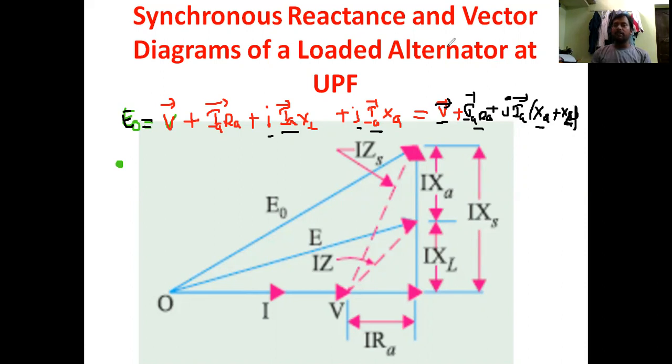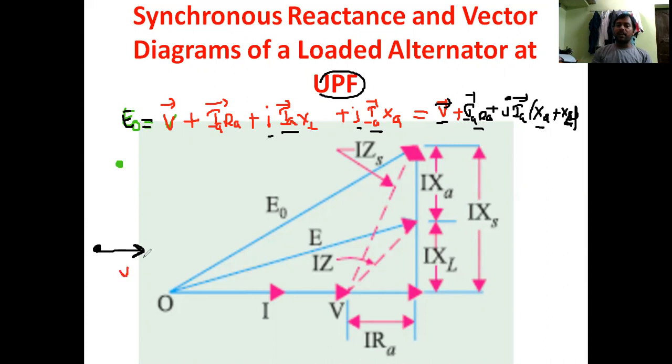So we need to draw the vector diagram based on this. This is for the UPF load, unity power factor load. First of all, we draw V like this. Next is the IA RA drop.